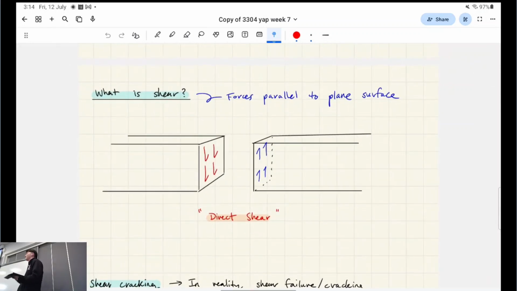You might remember shear force diagrams from 1300, and the cross section of a beam that we've cut, right? That's called our plane, and basically any forces tangential to that plane we call shear forces, shear stresses, that kind of stuff, right? So that's the kind of actions, external forces, that we're going to be analyzing.